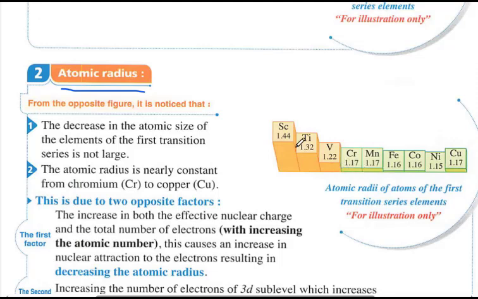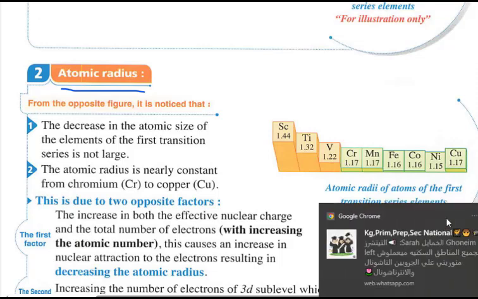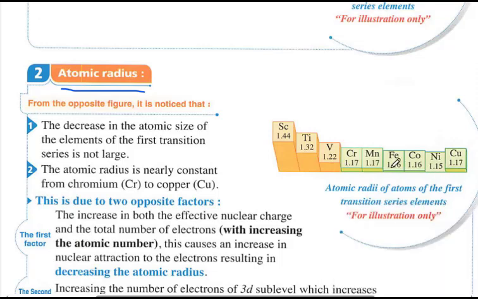In this case, one factor decreases the volume of the atom, which is the attraction force between the nucleus and the valence electrons, and the repulsion force starts from chromium, which is the first element that contains one electron in each d orbital. So we see that the volume from chromium to copper is nearly constant.